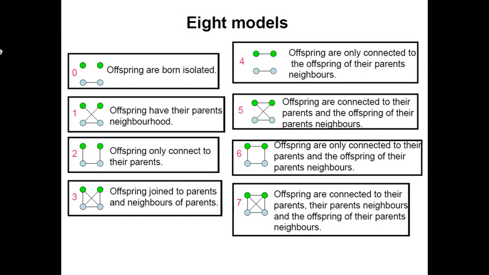In particular, there are really 3 different kinds of edges which can be present within these models. We assume that the pre-existing edges between parents always persist, okay? But we might have edges which link parents to their offspring, like in the last model I talked about, Model 2. So you can think of those as umbilical connections, connecting mother and child or something like that.